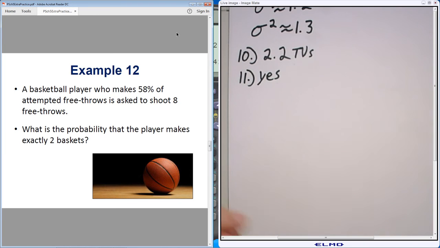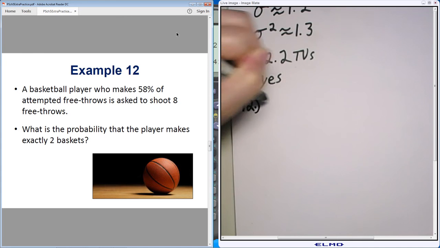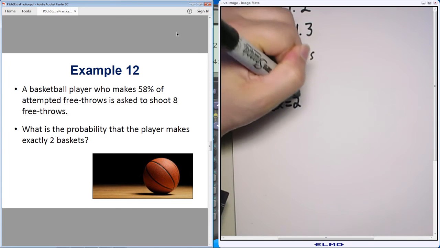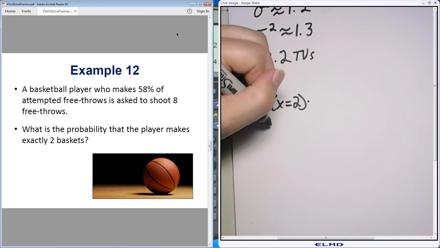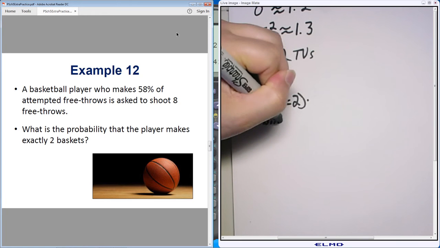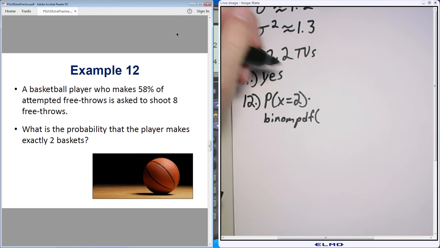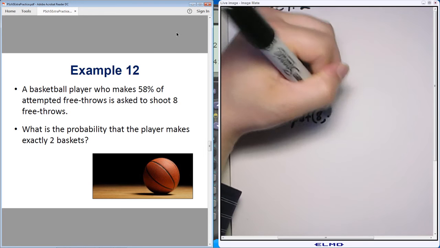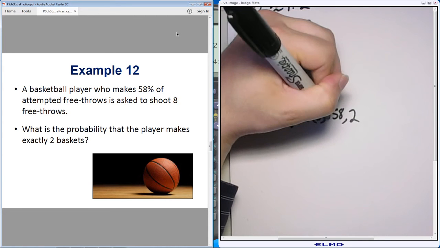Number 12. What's the probability the player makes exactly 2 baskets? This is the probability that x equals 2. Alright, I'm going to write down the calculator command, binomPDF for this one. 8 trials, 0.58 success rate, 2 successes.